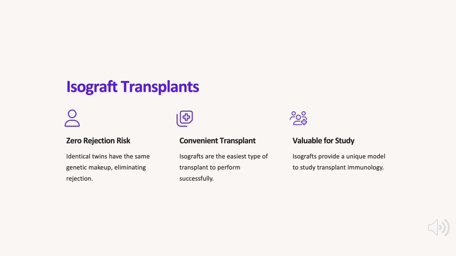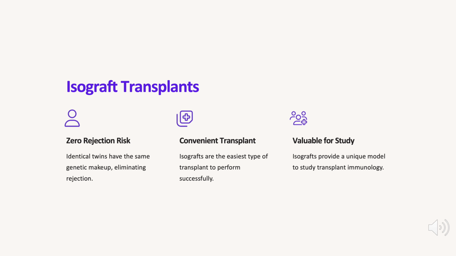2. Convenient transplants. Isografts are considered the simplest type of transplant to perform successfully due to the absence of rejection concerns. The identical genetic background minimizes the need for immunosuppressive medications and post-transplant monitoring. 3. Valuable for study. Isografts serve as invaluable models for studying transplant immunology.